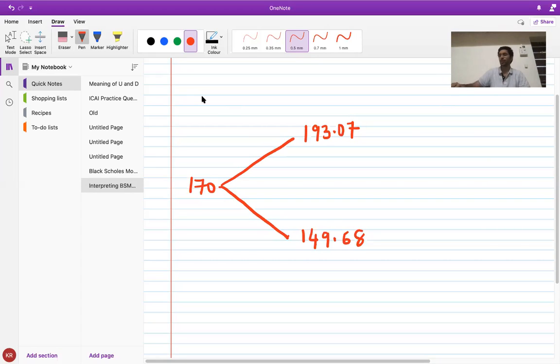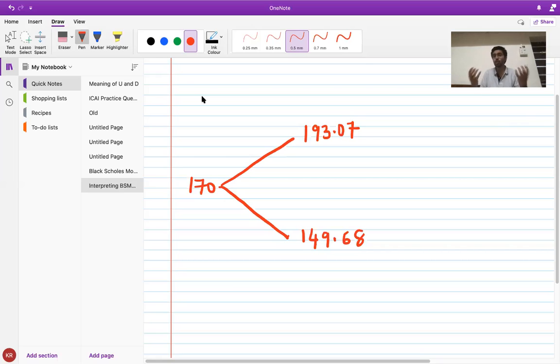So what we essentially want to do is replicate a call option using borrowing and buying shares, in such a way that the payoff of the call option is equal to the payoff of this replicating portfolio. I'll just repeat: we are creating another portfolio using borrowing and buying shares such that the payoff of the call option, meaning the cash inflow you receive from a call option at t equal to 6 on maturity, is equal to the payoff you will receive from this replicating portfolio, which consists of a few shares and some amount of borrowing.